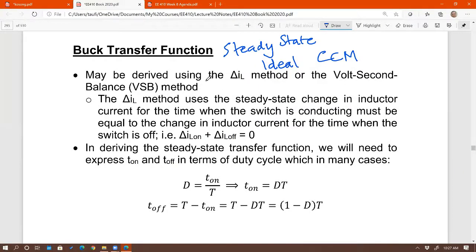Now, to derive the transfer function for a buck converter, boost converter, or buck boost converter, you could have different ways of doing this. I'm going to show you 2 ways, the long way and the short way. I'm going to show you the long way first so you can appreciate the short way. And I think it's important for you to also know different ways of deriving the transfer function. Okay, all right, here we go.